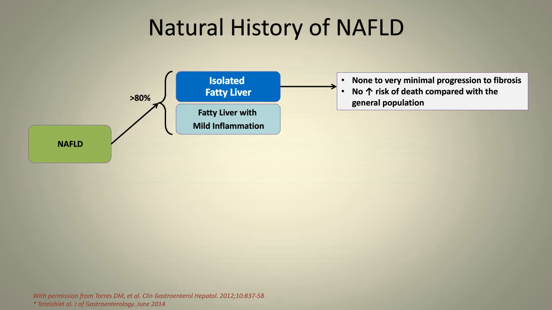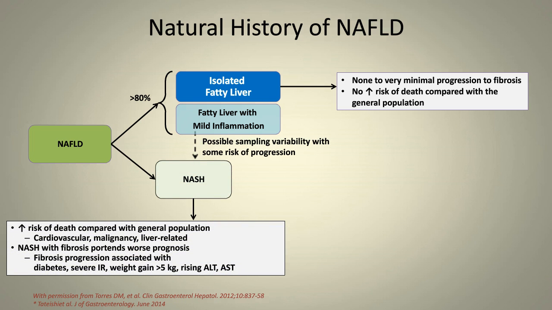I think most of those people actually have some mild inflammation, and as I'll show you in a moment, those may be misclassified. In fact, they may actually have NASH, but you didn't pick up ballooned hepatocytes, which is the pathognomonic signature hallmark lesion of NASH, where you have an apoptotic cell that's basically undergoing programmed cell death.